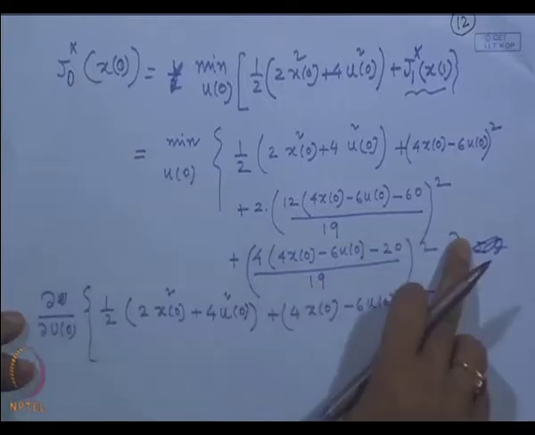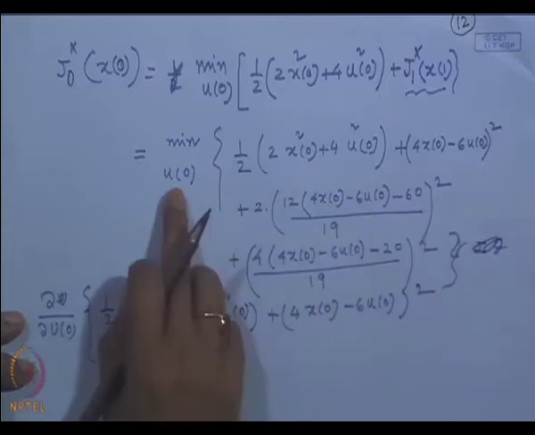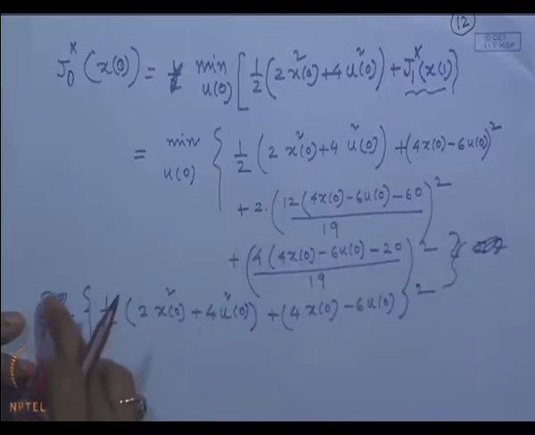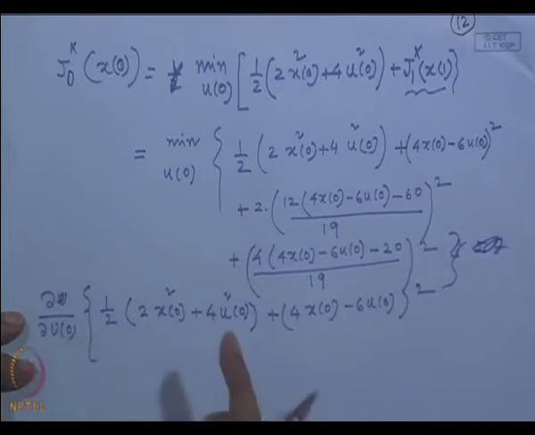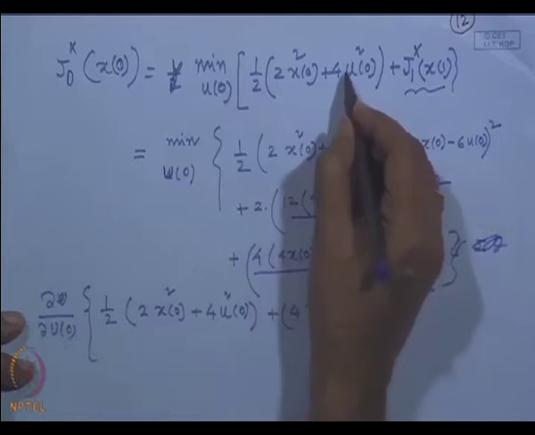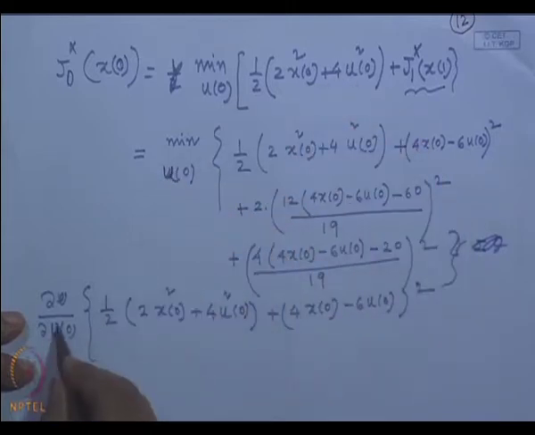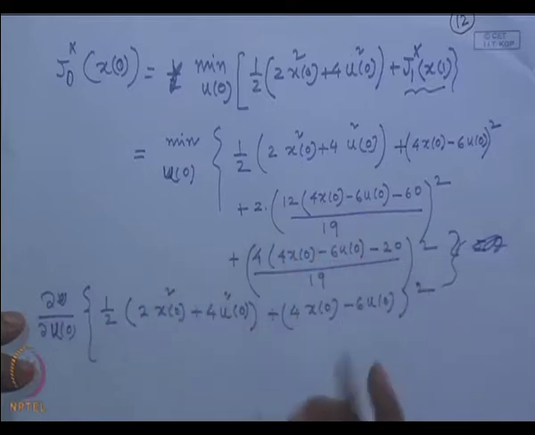Because this is the performance index, you have to minimize it using the proper choice of u 0. So, you have to differentiate the gradient of this with respect to u 0. I am finding out this is a capital U 0. You write small u, because we have considered a scalar input, u of 0.